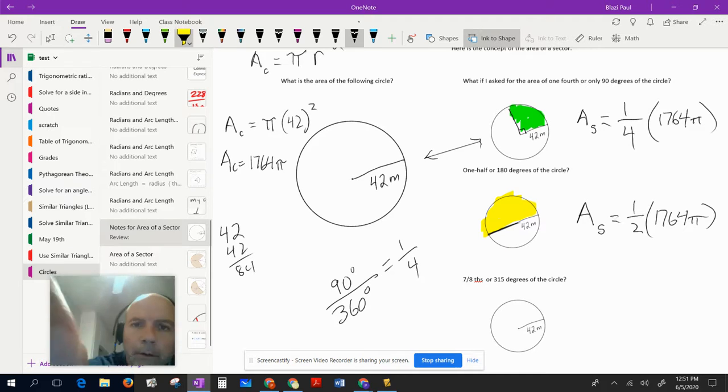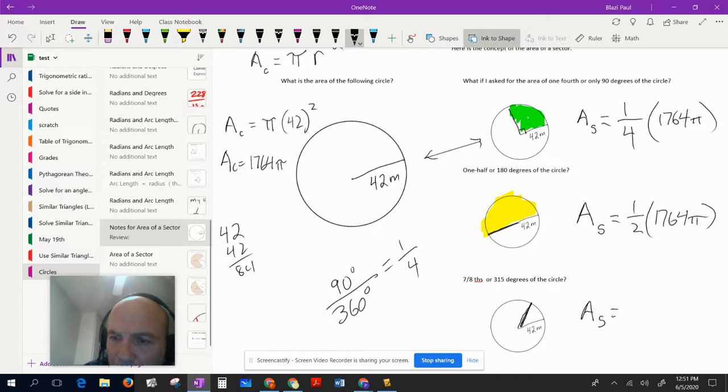Think about that. What if I were asking for 7/8 or 315 degrees of the circle? Well, 315 degrees of the circle, right? So let me check this out.